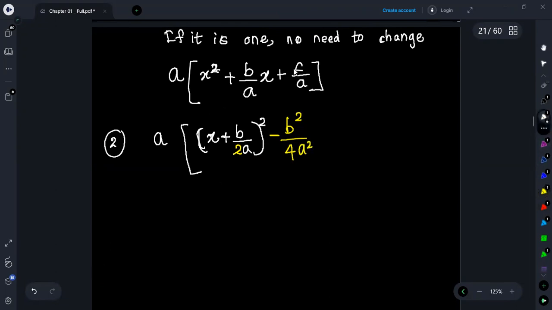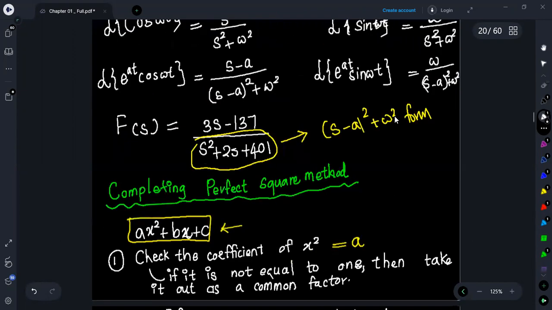And then we need to bring this c over 2 as it is. Once you have simplified this entire thing, you can obtain the answer for the complete perfect square. So by using this technique, you can solve such problems.